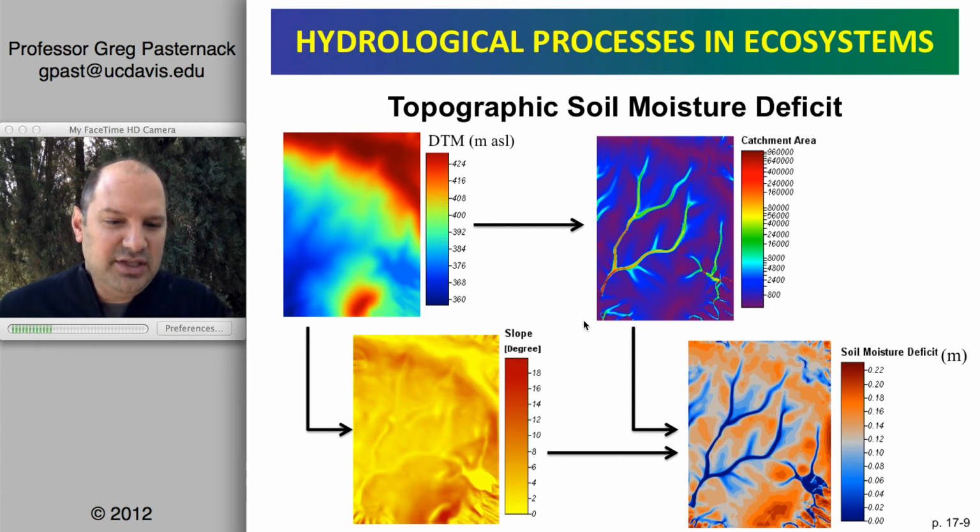Here you can see that the areas that have high catchment area really pop out as having a strong amount of moisture. Here, blue means a lot of moisture, red means a soil moisture deficit. The slope pattern is a lot weaker in its influence, but you can see it very strongly in this section here on the hilltop.